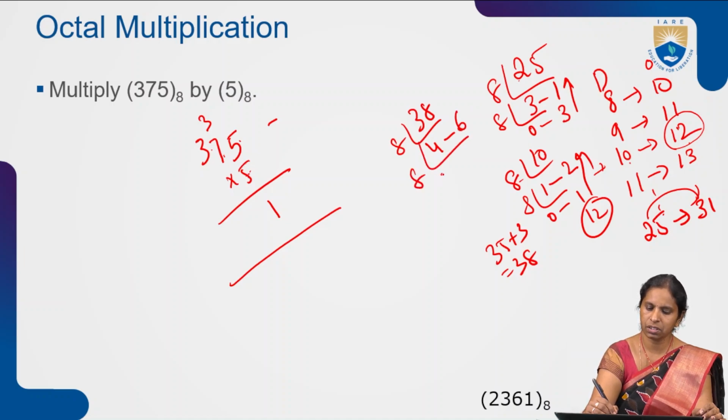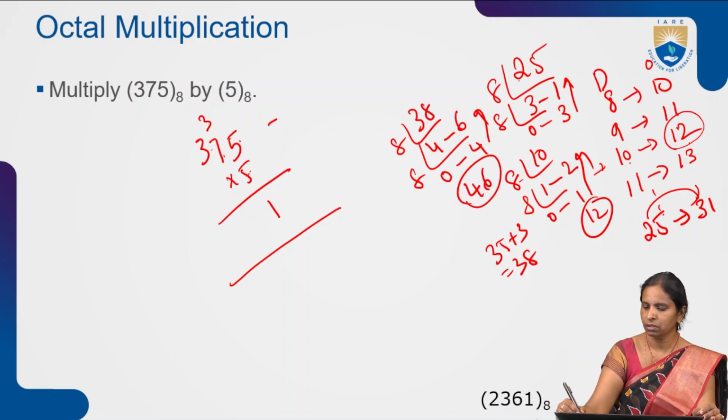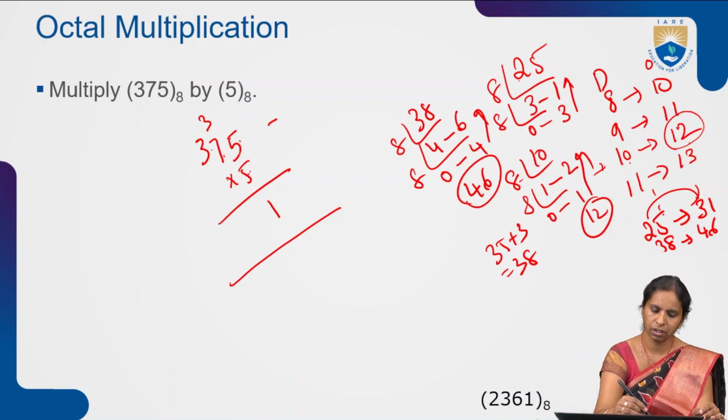And 8 zeros are 0 and the remainder is 4. Therefore 46. So the number 38 in the octal number system is 46. Therefore you got here 35 plus 3, 38, which is 46 in octal. Therefore write 6 here and the carry is 4.